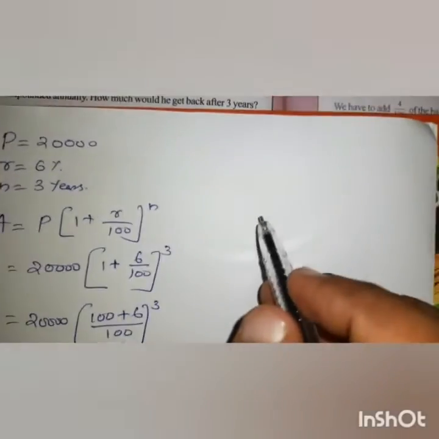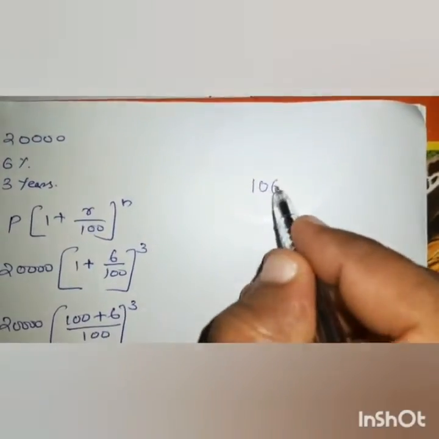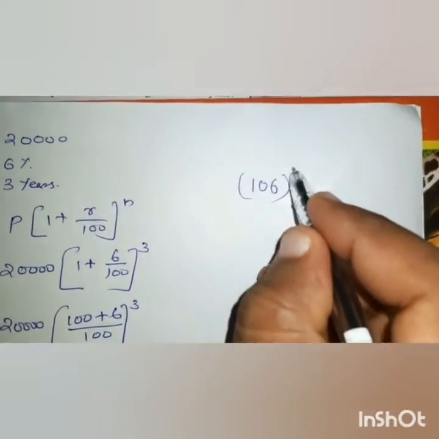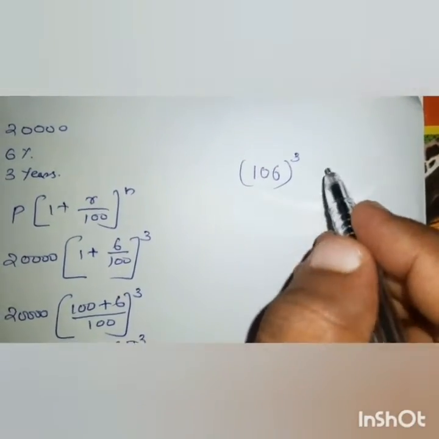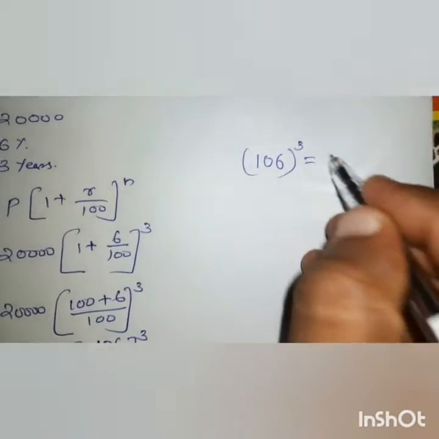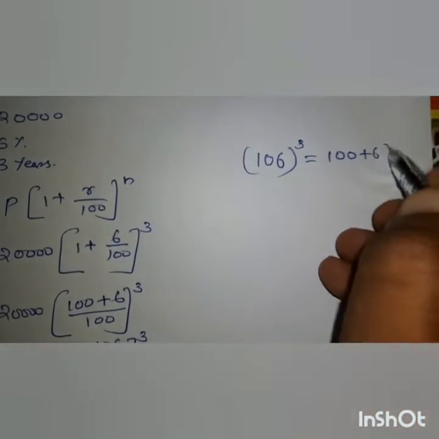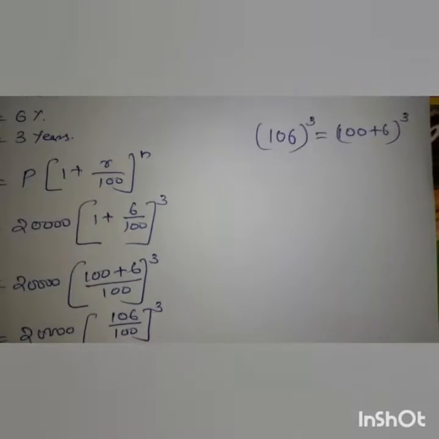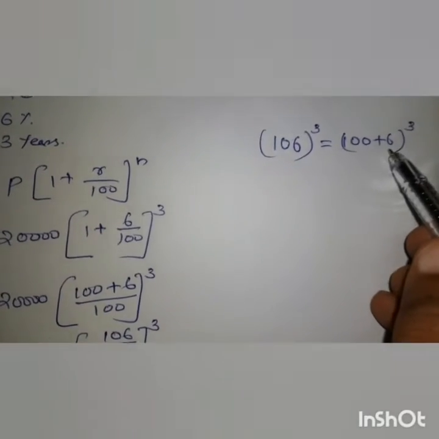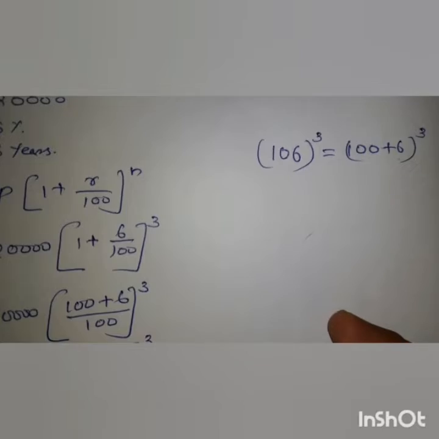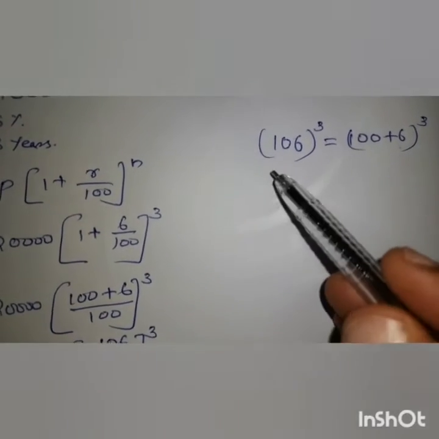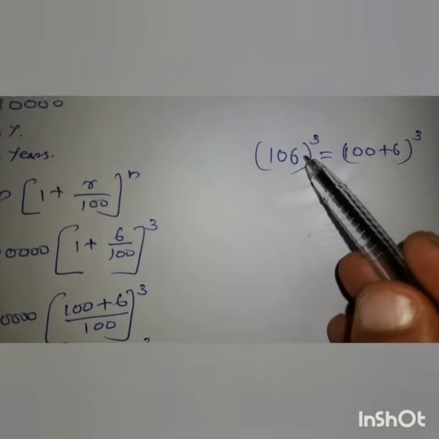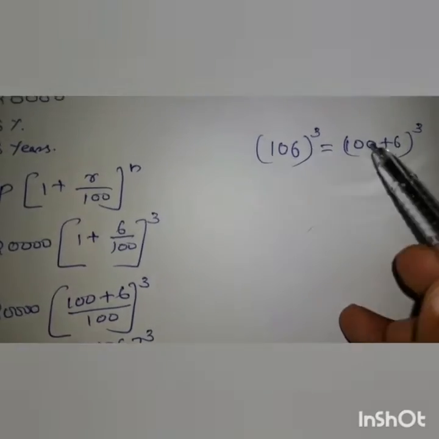Then 106 whole cube we should find out. To find this, it is 100 plus 6 raised to 3. So 100 plus 6 whole cube you should find out. Either you find 106 square into 106, or directly you can find it.